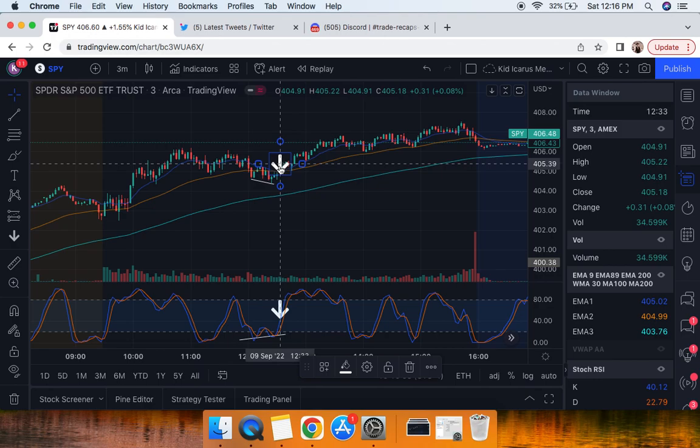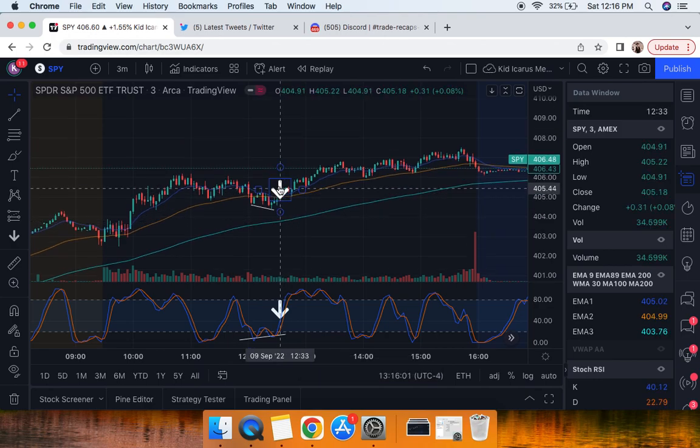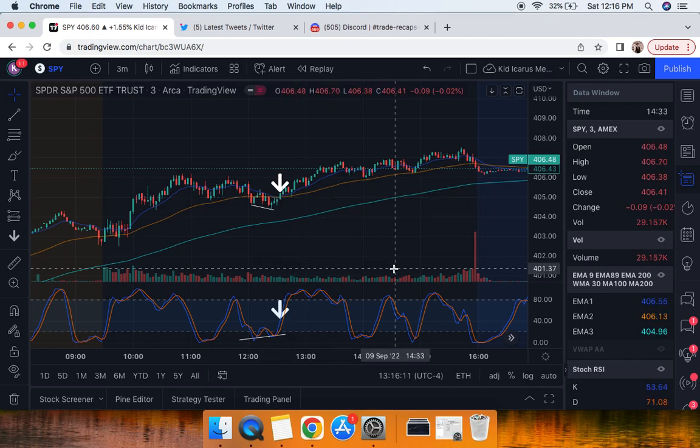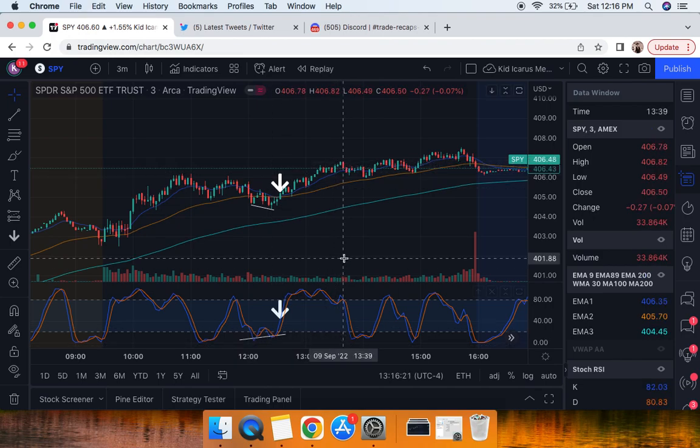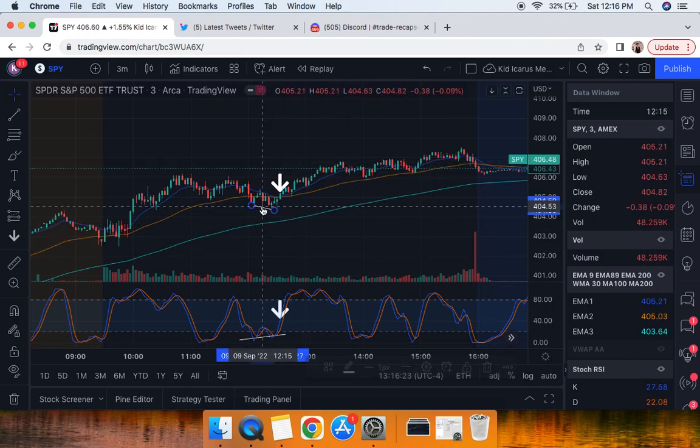We'd enter at the EMA. Very low risk. And in this case, because these 13 and 48 just crossed, that is a perfect spot. Very low risk, and look, it ripped. How far did we get here? 404 to 407 roughly at the top of this. Massive move.